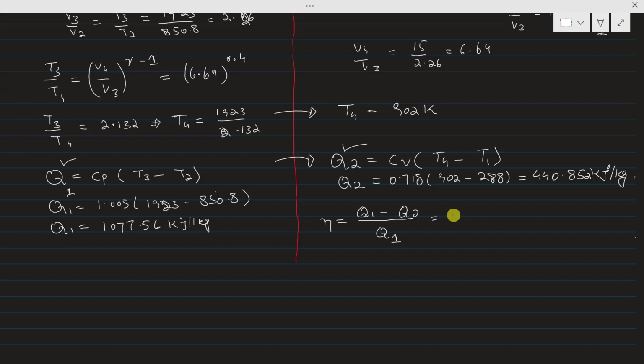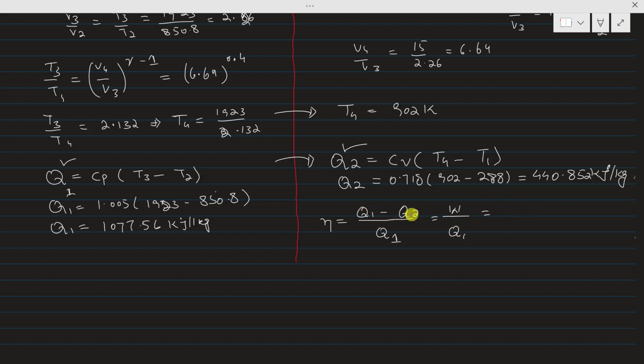The heat supplied minus the heat rejected, you can also say, is the work done by the system. So the work done by this diesel cycle is the net work divided by the heat that is supplied.